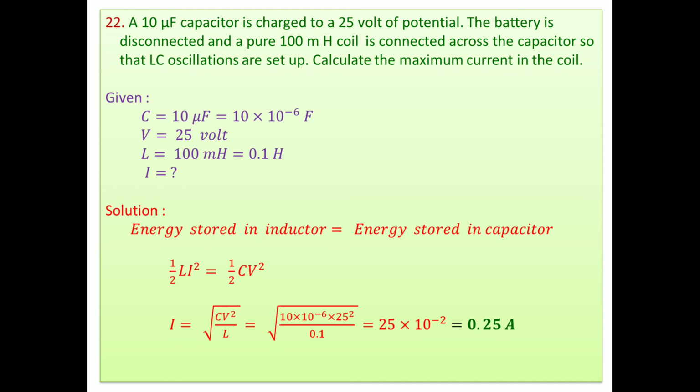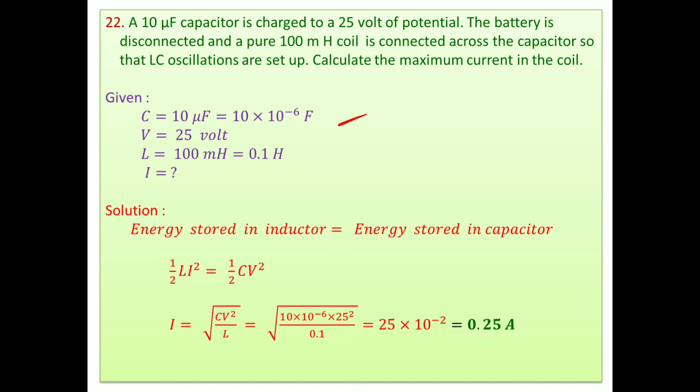Capacitance is given as 10 microfarad, means 10 into 10 raised to minus 6 farad, and V is given as 25 volt. L is 100 millihenry, means 100 into 10 raised to minus 3 henry, or you can take, shifting decimals, 0.1 henry, and you have to calculate the current.